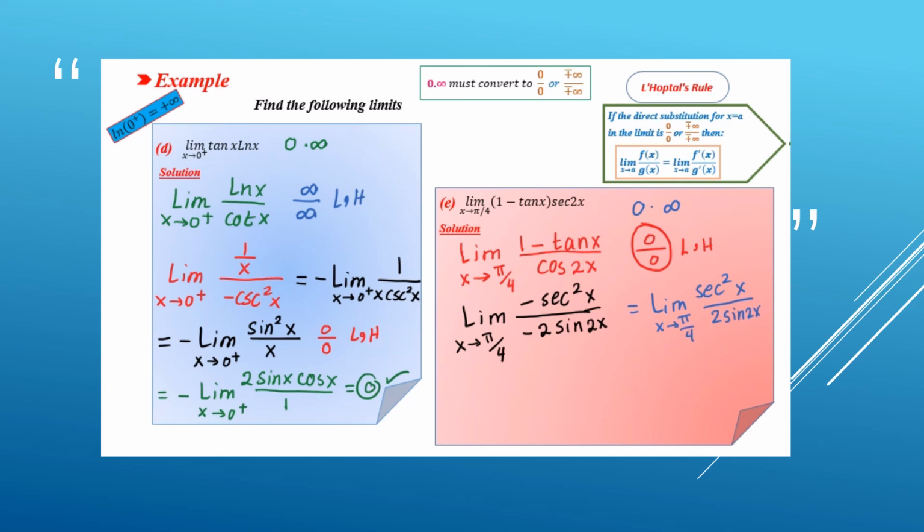Now by direct substitution, secant pi over 4 is 1 over cosine pi over 4, and cosine pi over 4 is 1 over square root of 2.